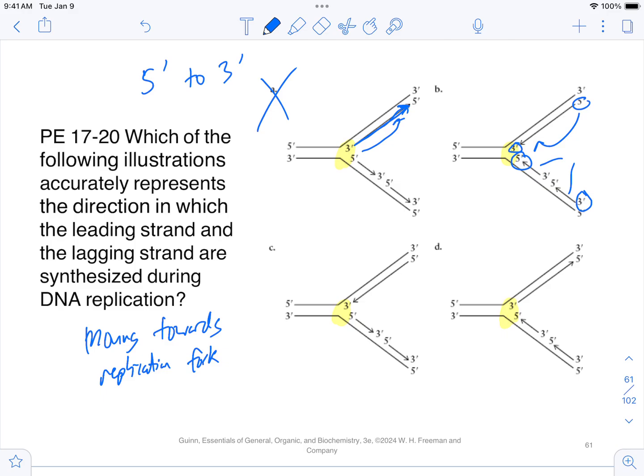We do not want that. If I look at C, my leading strand is from 5' to 3', and it's going towards the replication fork. And my lagging strand is fragmented, and the arrows are going from 5' to 3', which is good. So C looks good to me. So your answer there is C.